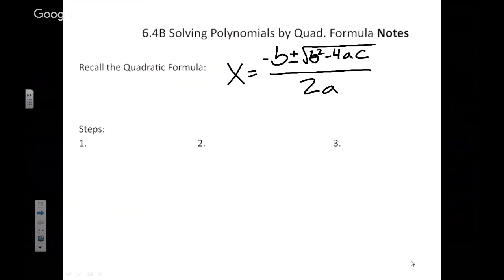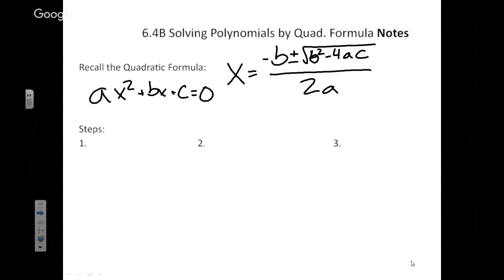So yeah, that's the quadratic formula, and that's what you can use when you have something in the form ax squared plus bx plus c equals 0. That's the main thing to remember when you're doing anything with the quadratic formula.